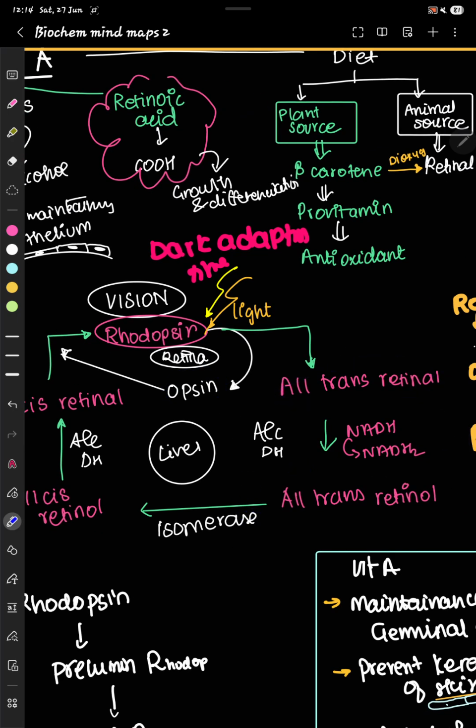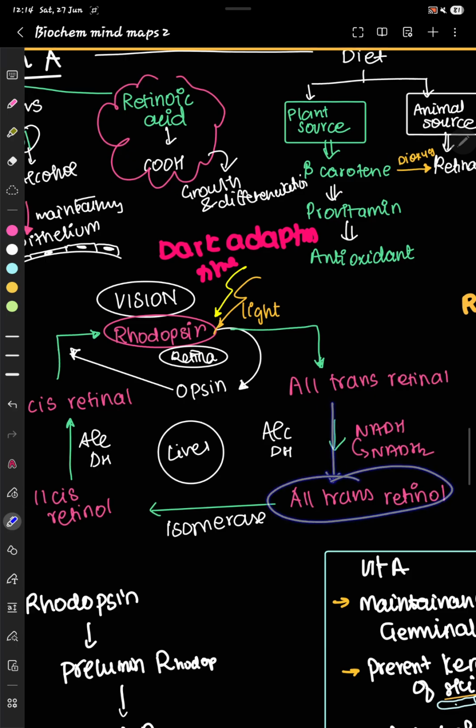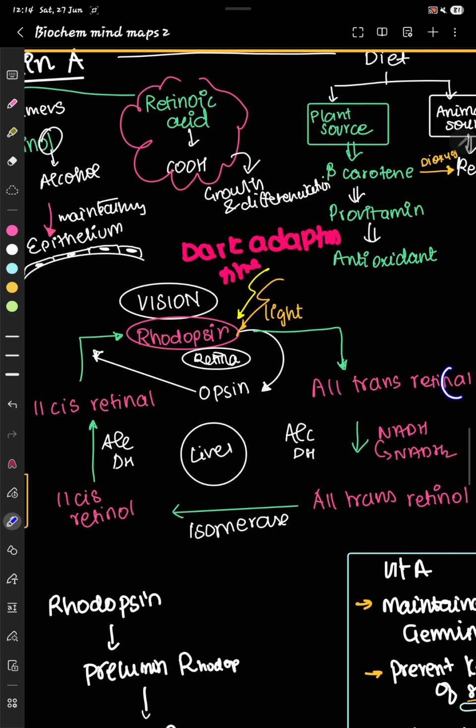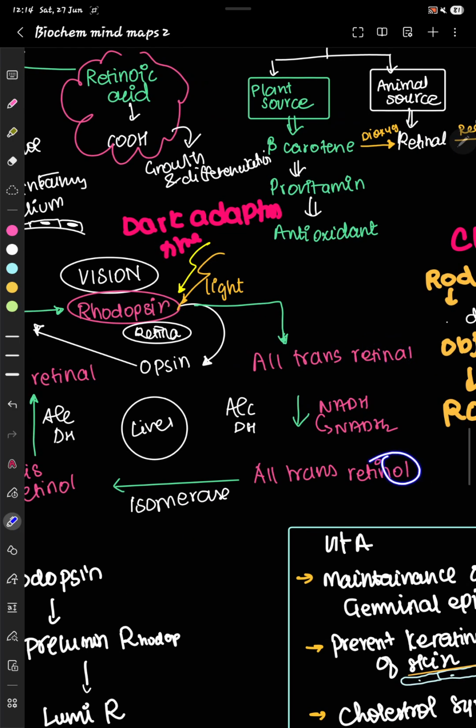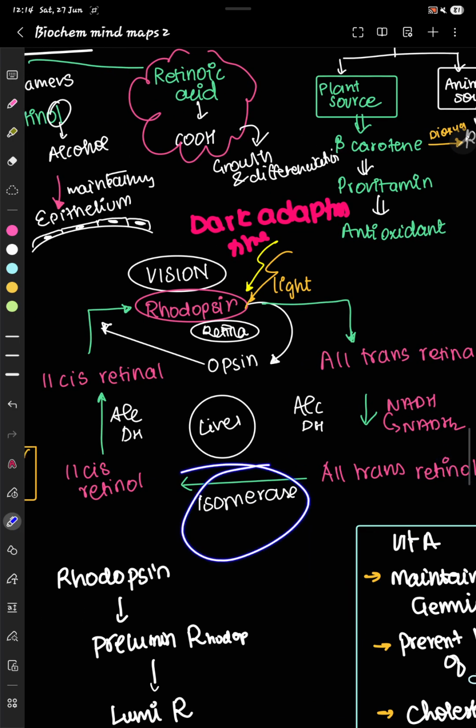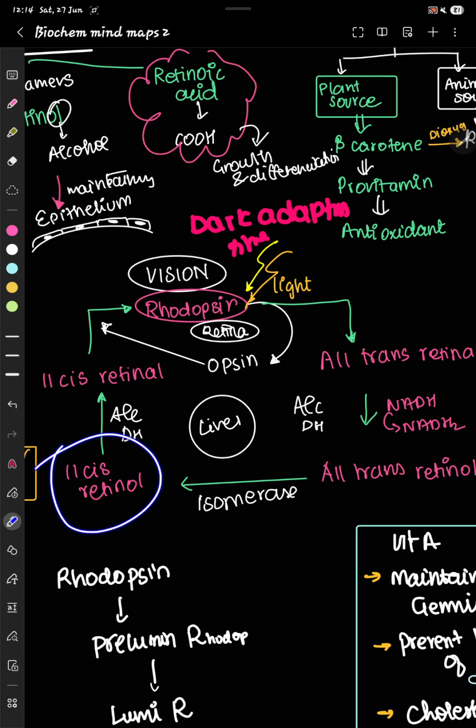All-trans retinal is now converted to all-trans retinol, that is, the retinal aldehyde form is converted into the alcohol form with the help of isomerase enzyme, it is converted into 11-cis retinol, and with the help of alcohol dehydrogenase enzyme, it is again converted into 11-cis retinal. It combines with opsin to form rhodopsin. So this is something called dark adaptation time.